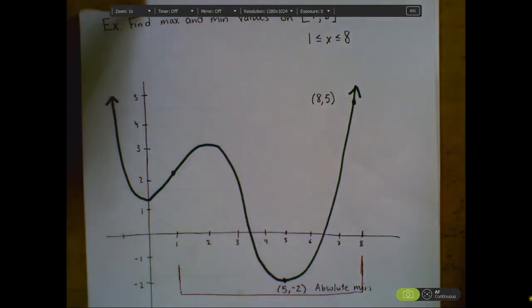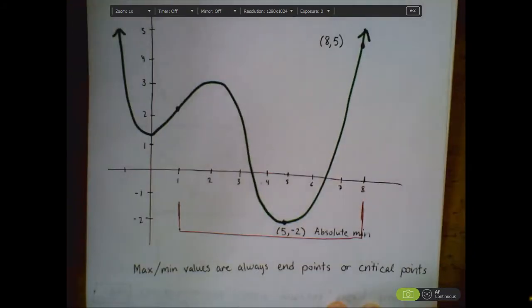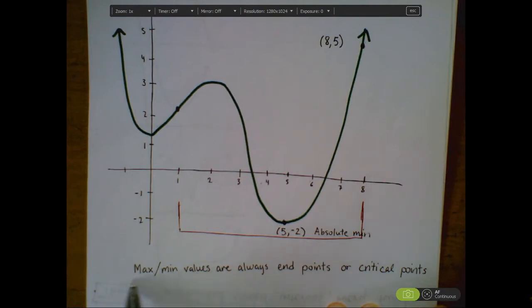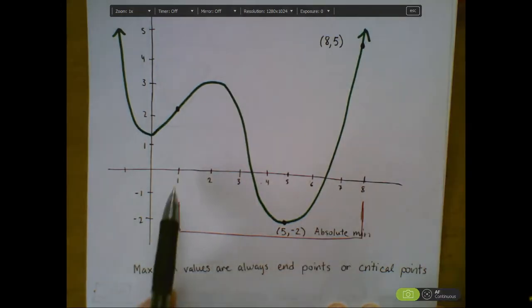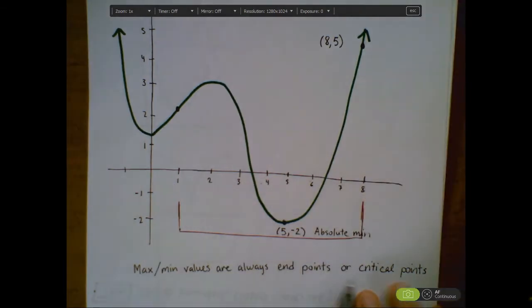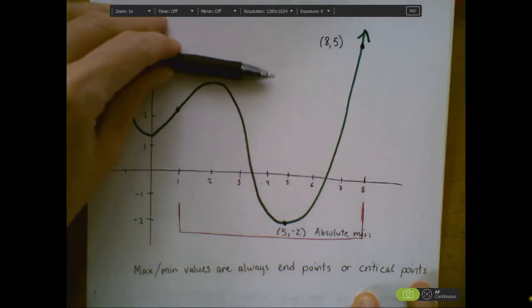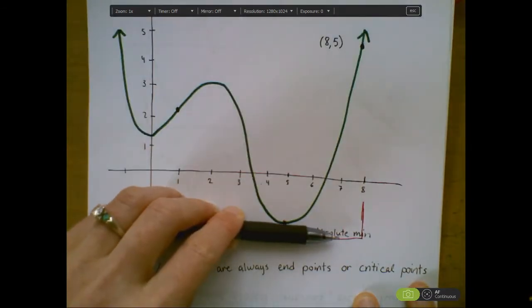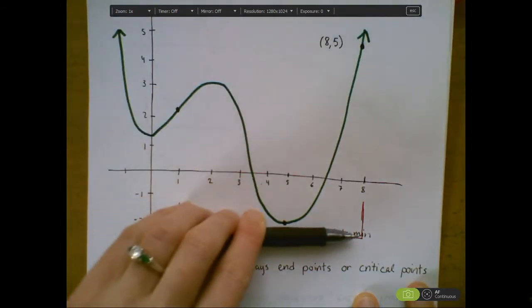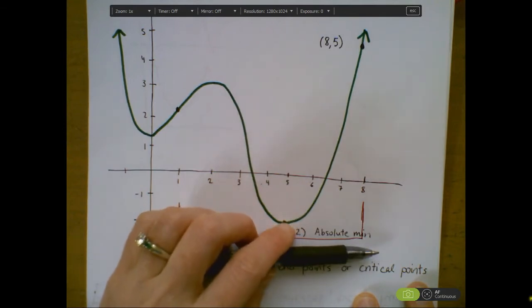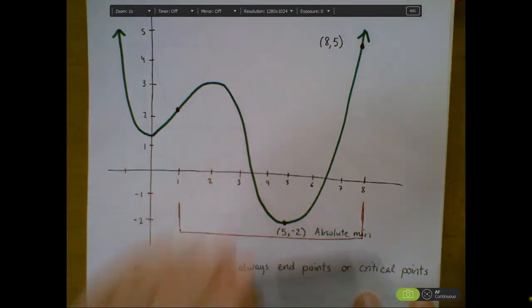And that takes us to a final theorem that our goal today is to identify max and min values. And we see that max and min values are always going to be either the endpoints of these bounded intervals, or they're going to be what we call critical points. And critical points, you can see the local max or min points. These critical points are places where the derivative is equal to 0 or where crazy things happen.